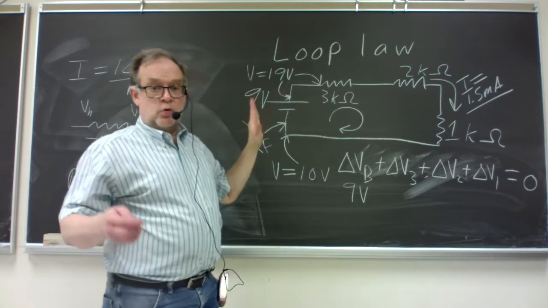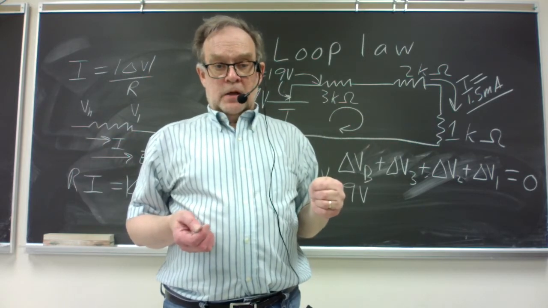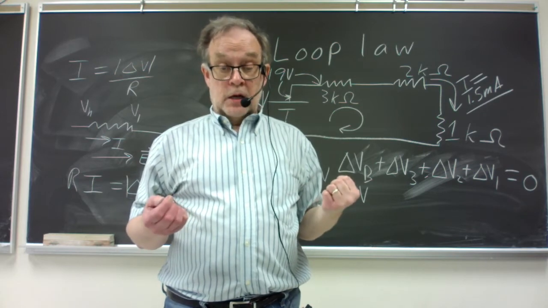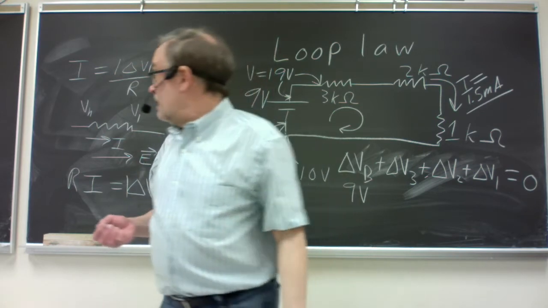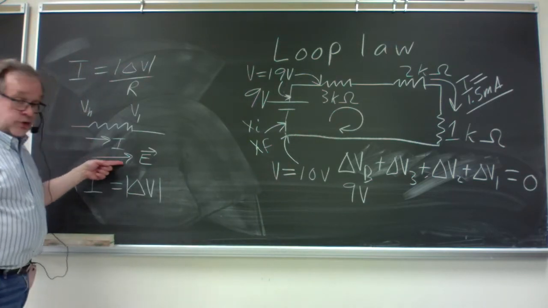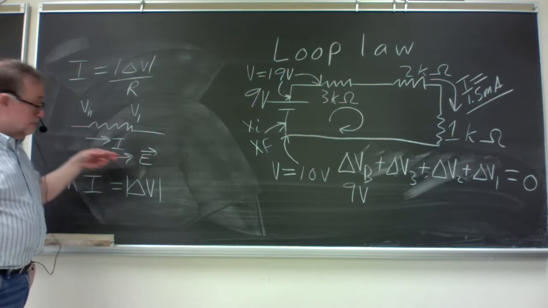But remember, we're always assuming conventional current. In other words, we're assuming that it's positive charge that's being pushed around. And electric field points in the direction of the force on a positive charge. So positive charge gets pushed this way.